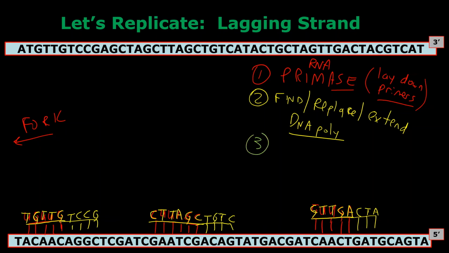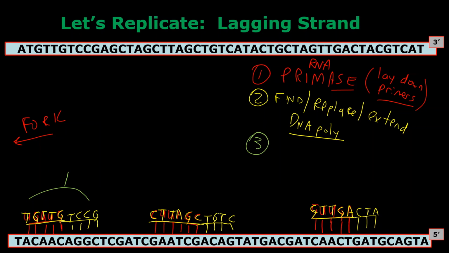We need a third step that's going to involve another enzyme. So first of all, remember we had our primers laid down. And those primers were little short, discontinuous sequences of RNA. But now what do I have down here? I have a short, discontinuous sequence of DNA. Aha, it's a little longer than the primer, but it's still short.